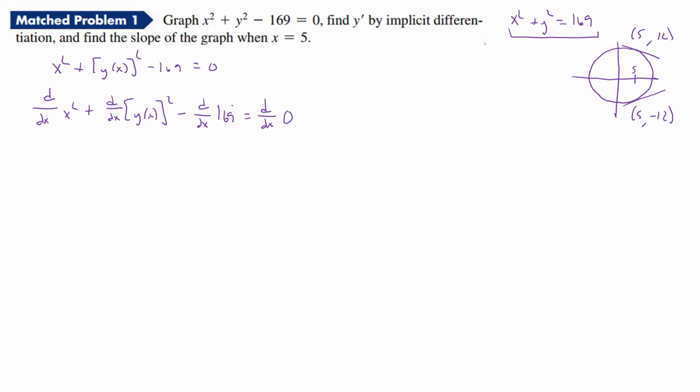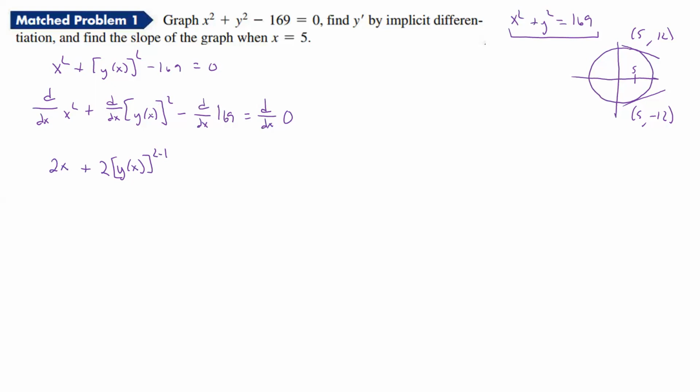Okay. All right. Well, the derivative of x squared with respect to x, that's going to be what? 2x. Pretty easy. Now, what's the derivative of this with respect to x? All right. So here, what we have to think about is we're going to do kind of the chain rule. So that's going to give us plus 2 times y of x, and we probably better go ahead and keep the brackets on, to the 2 minus 1.